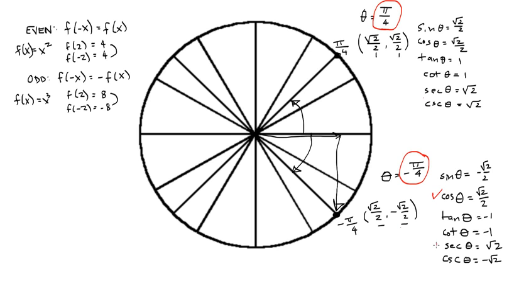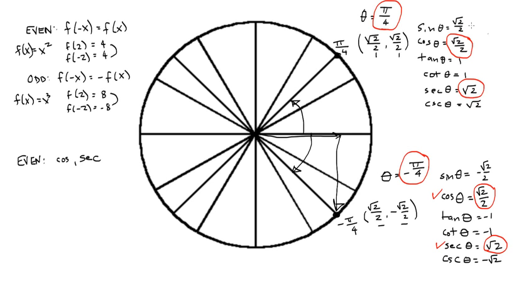Cosine and its reciprocal secant. Those are the only two where the answer we get back is the same whether it's a positive angle or a negative angle. So, my even functions are cosine and secant.